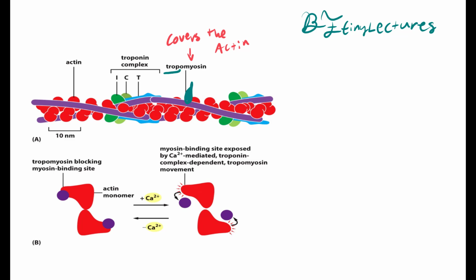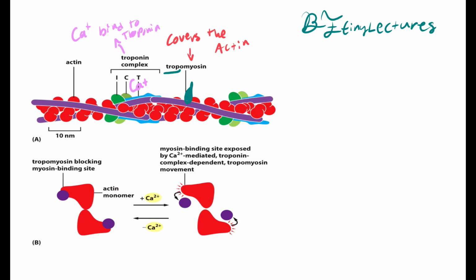Turns out that if you have calcium, the calcium will bind to the troponin complex. Therefore, calcium ions bind to troponin. And when this troponin complex is activated by calcium, it will pull the tropomyosin away from the actin.